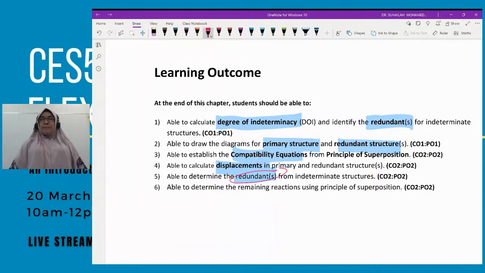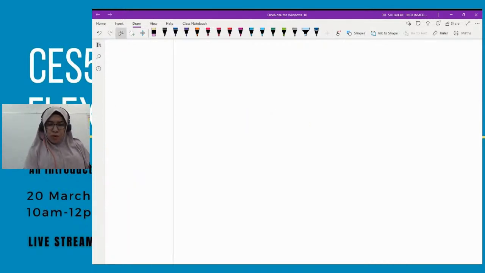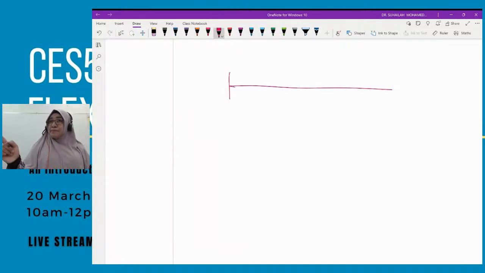We must remember that when we analyze an indeterminate structure, for example, a cantilever beam like this.